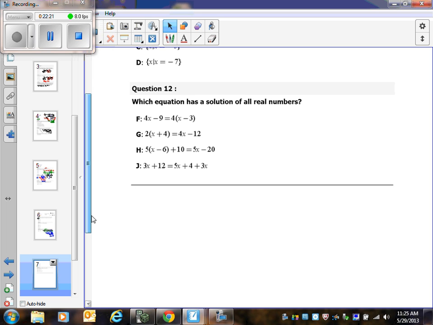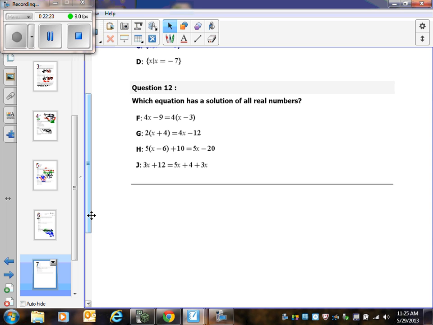And last but not least, we have question 12. So which equation has a solution of all real numbers? Now, for this one, you just have to remember that if the solution is going to be all real numbers, the left-hand side and the right-hand side are going to be absolutely identical. So that's what I'm looking for, my left and my right to be identical.